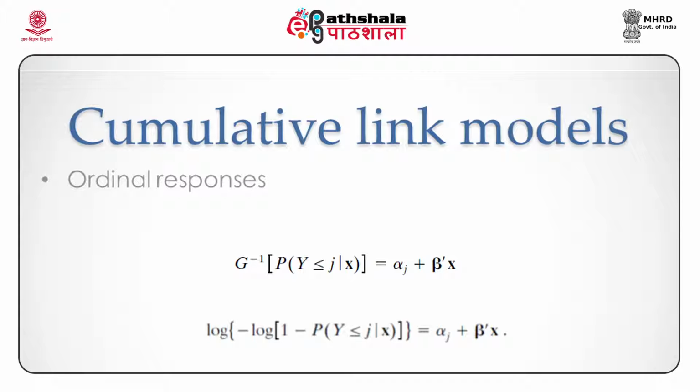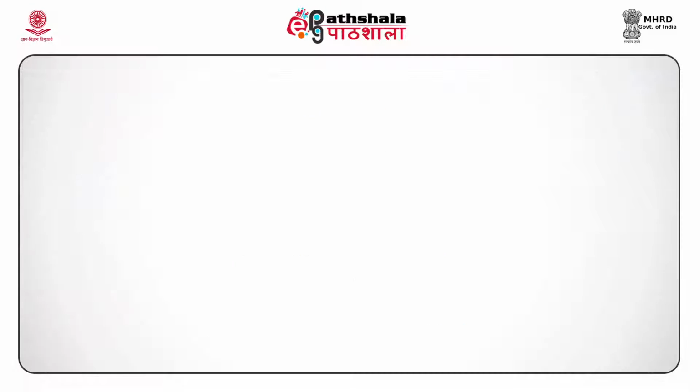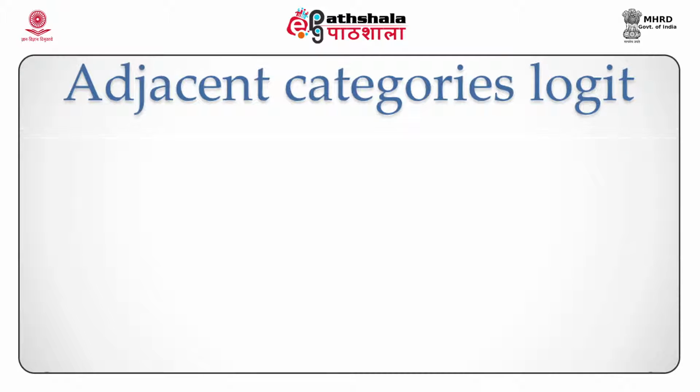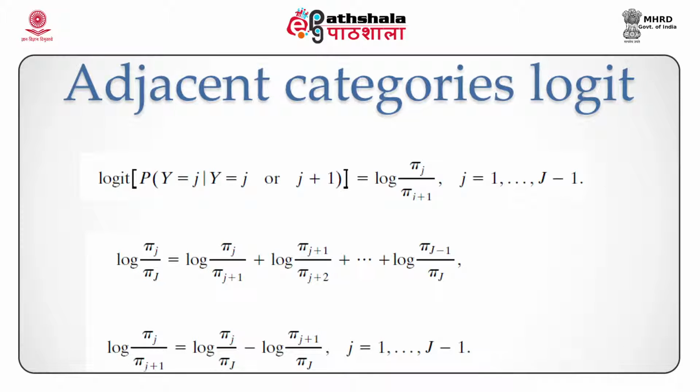There are some competing models, one of which is popularly used, called the adjacent categories model. Here, instead of modeling the event y less than or equal to j as opposed to y greater than j, we model the logit of the probability of y lying in category j, given that it lies either within category j or category j plus 1.